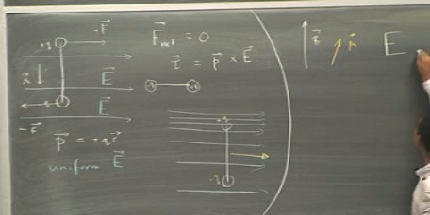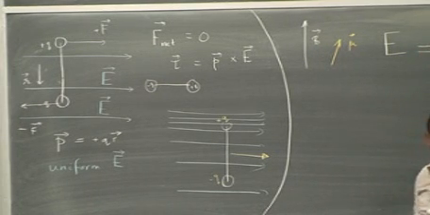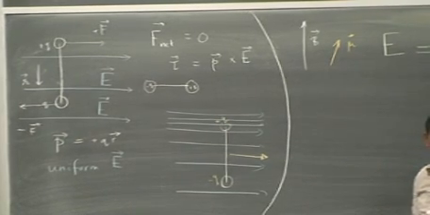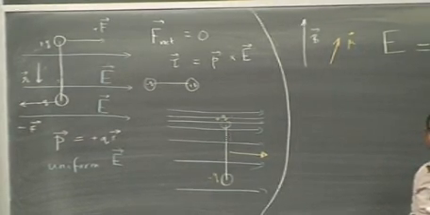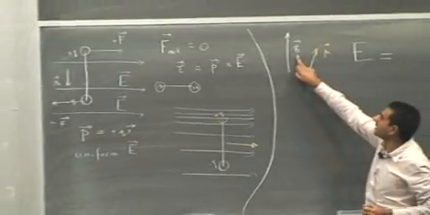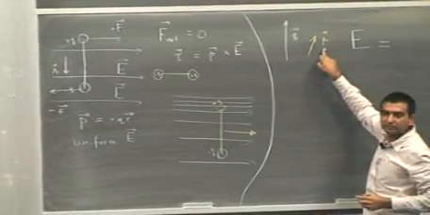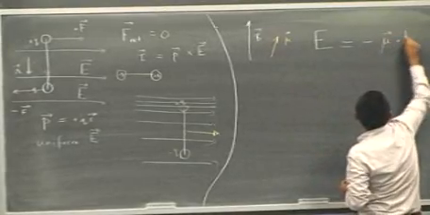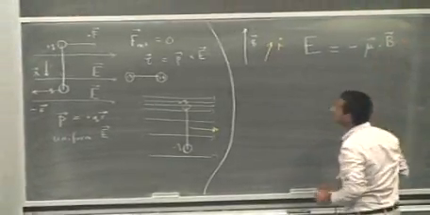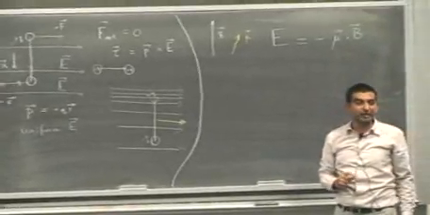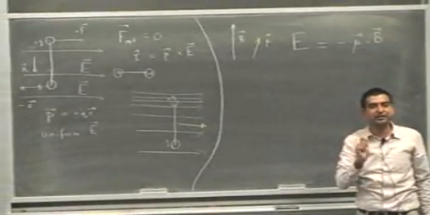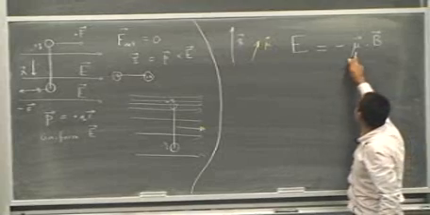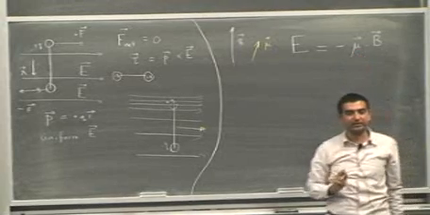So the energy is given by an expression. Does anyone remember what the expression is? It's the dot product of magnetic field and the magnetic moment with a minus sign. This is the magnetic potential energy of the magnetic dipole moment placed inside a magnetic field.